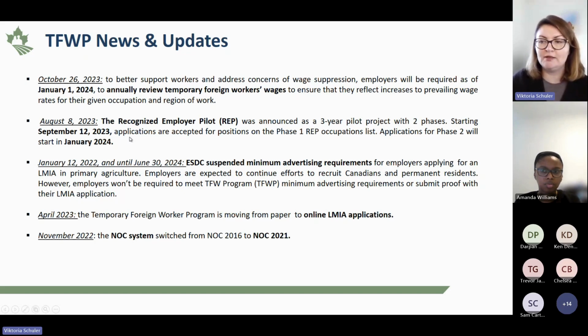Also old news, but in April 2023, LMIA transitioned to LMIA Online, and this is great. Some glitches are expected, like files cannot be uploaded and so on, but Service Canada keeps working on improving the program.